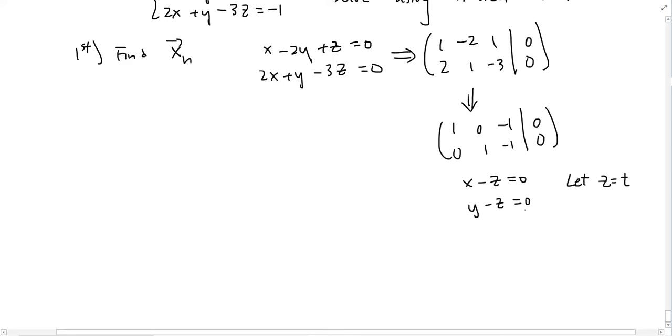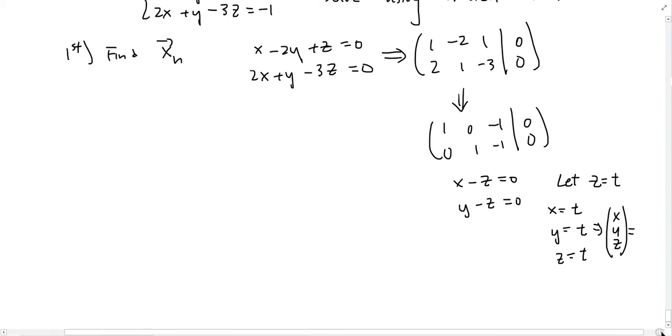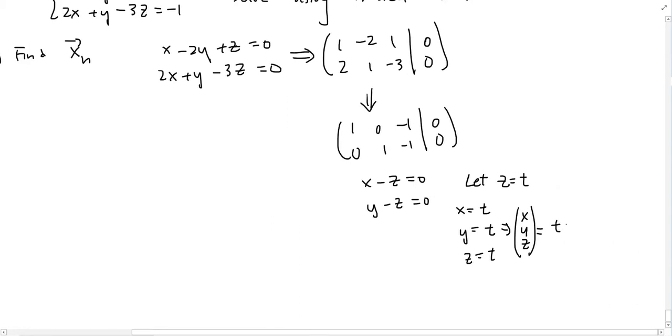If I move the z over on both of these, I'll have x equal to z, which is t. y also equal to z, which is t. And z also equal to t, because that's what we let z equal to. That comes out to be x, y, z equal to t multiplied by 1, 1, 1.